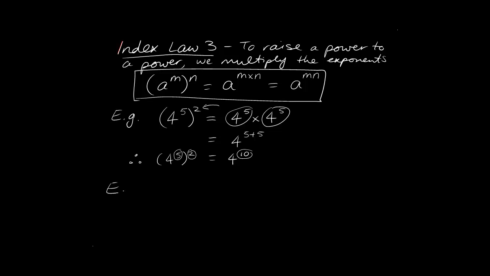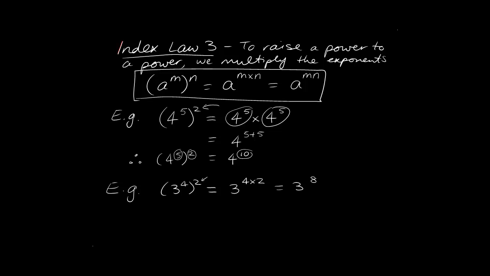So if we've got something like 3 to the power of 4 all squared, because I'm raising an existing power to another power, it's 3 to the power of 4 times 2, multiplying the two exponents, which is 3 to the power of 8.